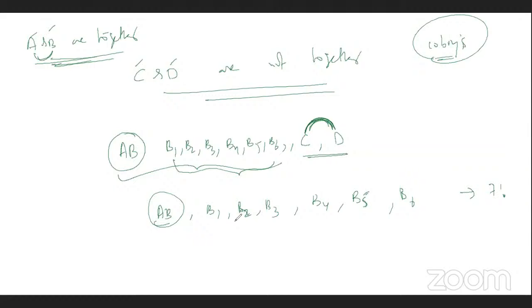Right? Yes, sir. Then what do I do with C and D? C and D should be arranged in the gaps of each arrangement of these 7 objects. How many gaps are there? Here 1, 2, 3, 4, 5, 6, 7, 8. How many gaps are there? 8 gaps.